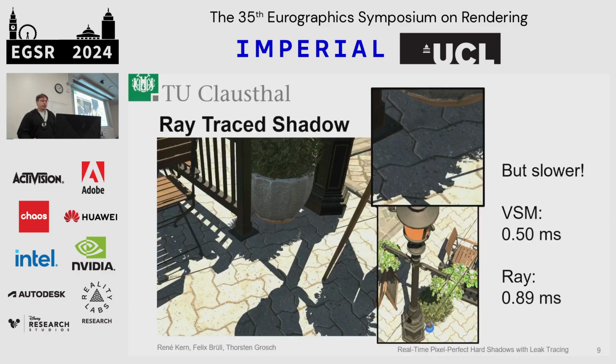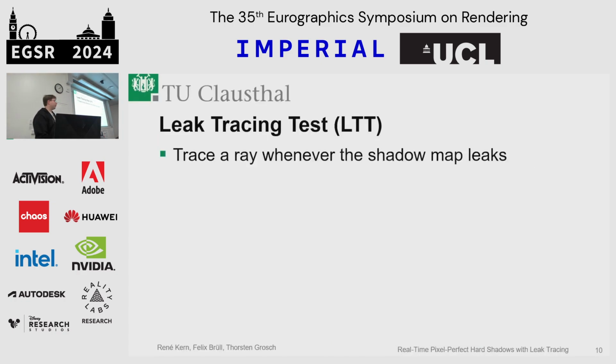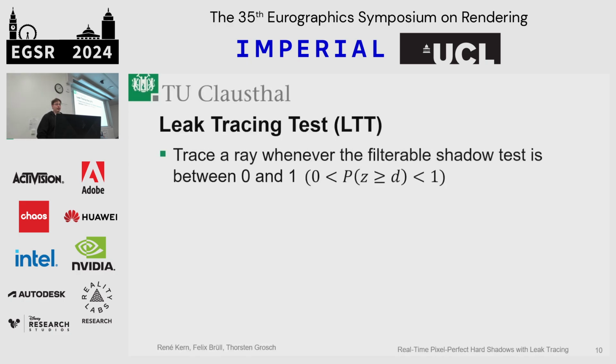So to increase performance of ray tracing, we would like to shoot way fewer rays. And as the filterable shadow maps work on most parts of the shadow, why not just combine both and use the filterable shadow map as a template and just trace a ray whenever the shadow map leaks? This translates to trace a ray whenever the filterable shadow map test is between 0 and 1.